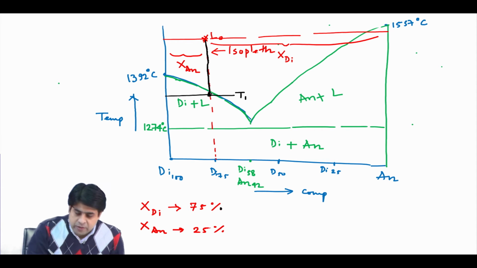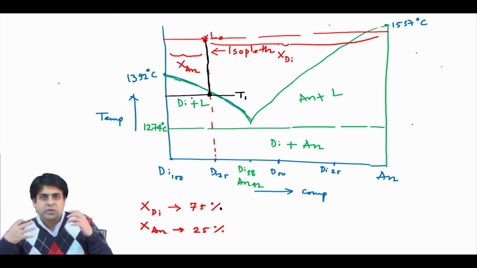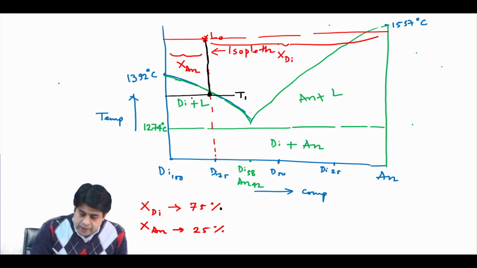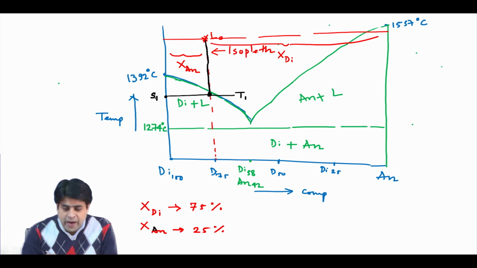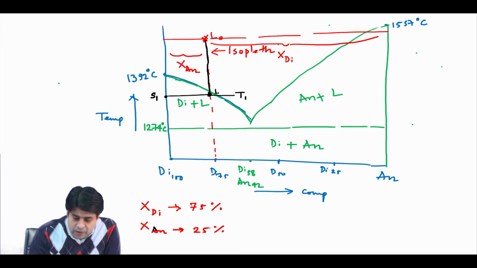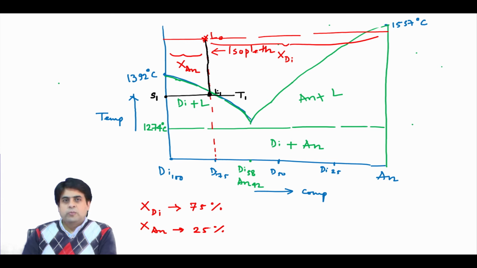From the liquid, some solid diopside will precipitate, and the solid will have an S1 composition. So at this point you have a liquid composition L1 and a solid composition S1.